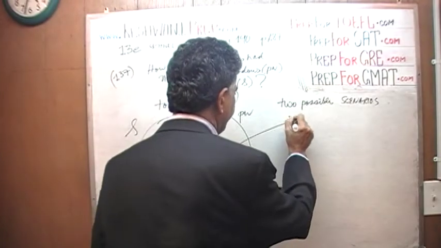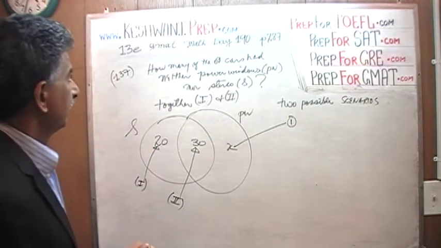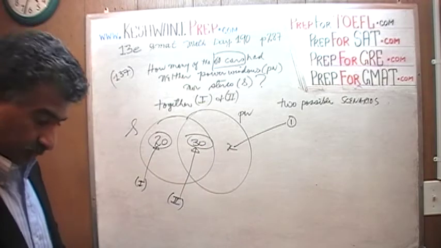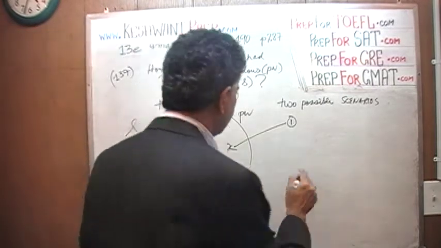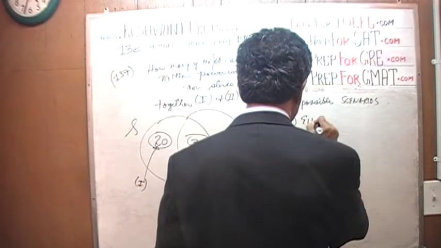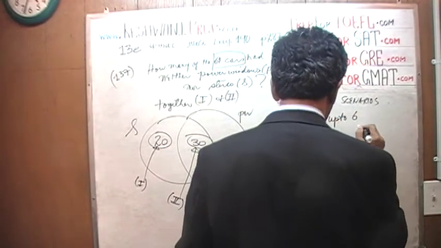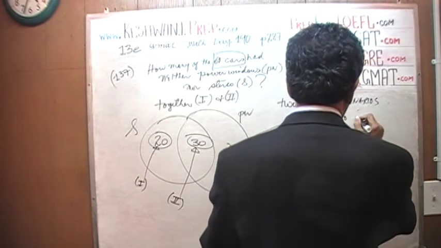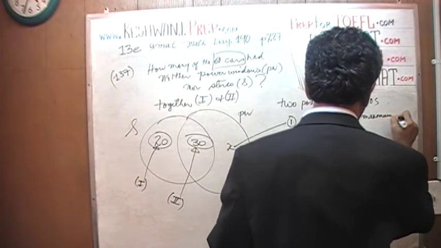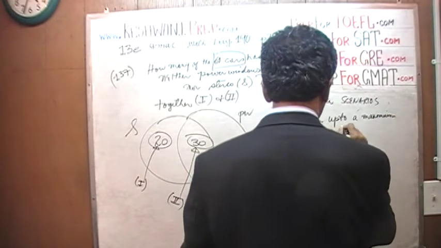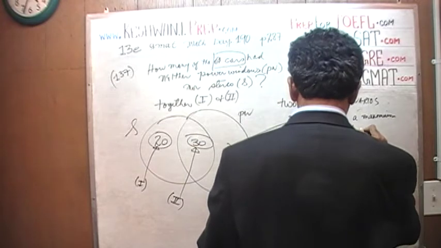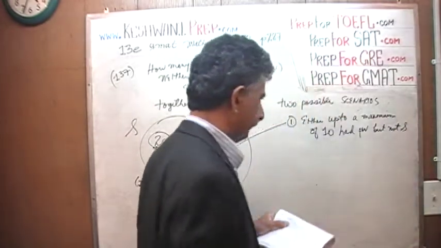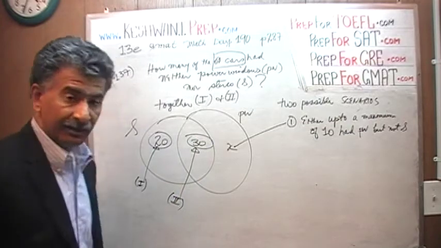One possible scenario is that because there are 60 cars altogether and this adds up to only 50, up to a maximum of 10 had power window but not stereo. The highest number that X can take is 10 because it has to add up to 60.